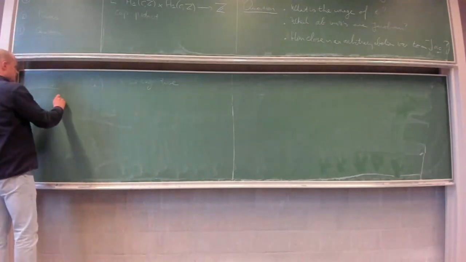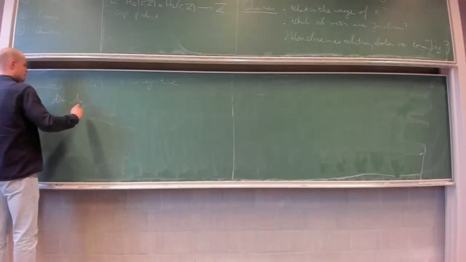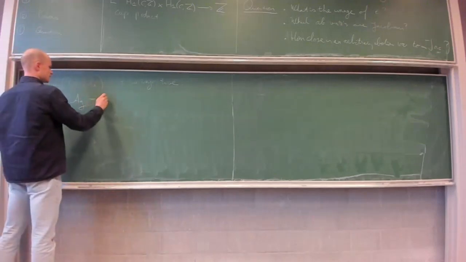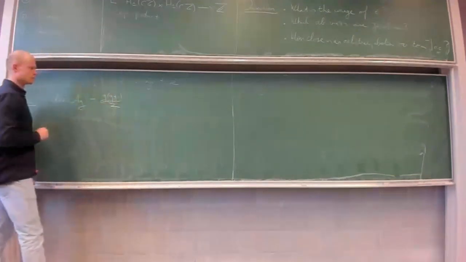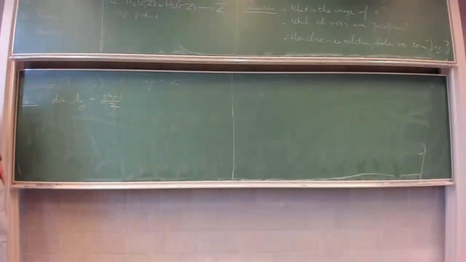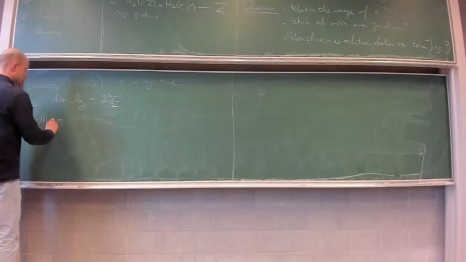The dimension of AG turns out to be G(G+1)/2. I can say a few words later why this is, but for MG it's easier to see what the dimension should be.